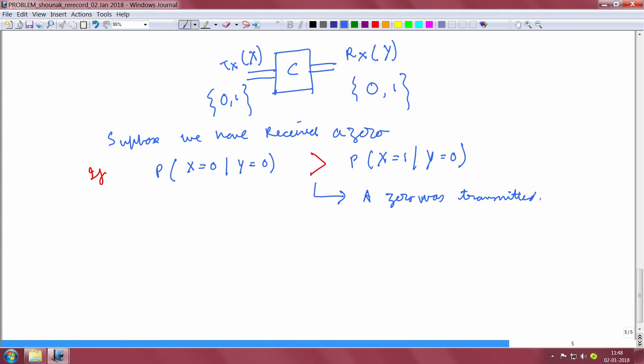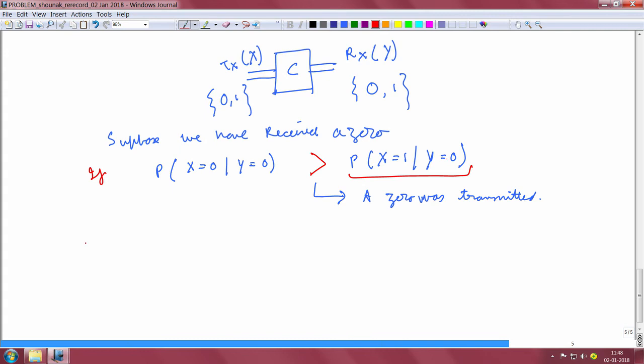That means we have not undergone an error process, but if this was bigger, then what we will have is that a 1 was probably transmitted, which means the bit that we have received is actually an erroneous bit and we flip it back.